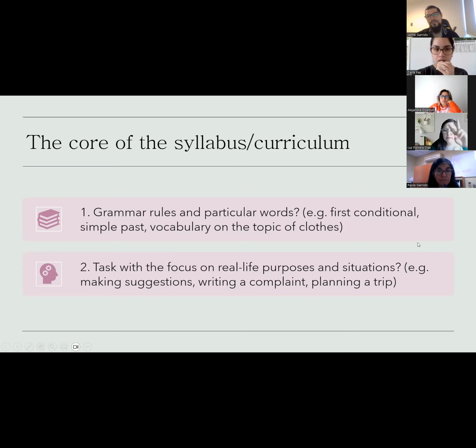Option two, right? We're focusing on functions, okay? Making suggestions. We know that behind the function of making suggestions, probably there are some key expressions, some modal verbs, the same as writing a complaint. This is something that we do for real.